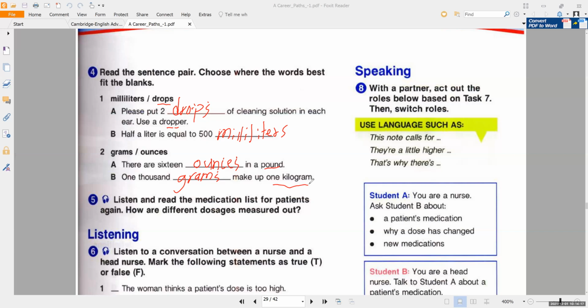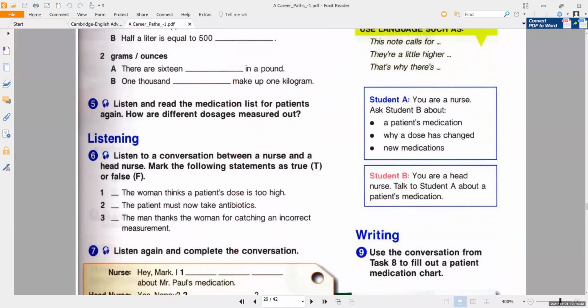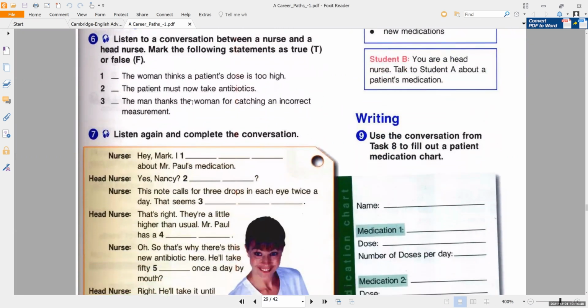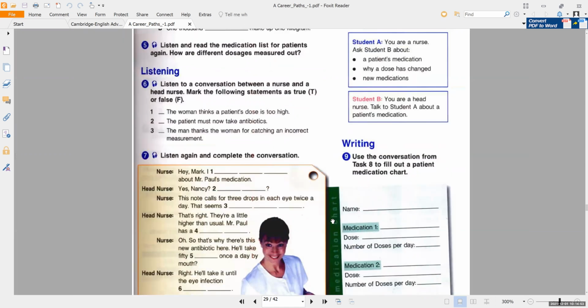Okay. So these are some of the issues again related to measurements. Now we deal with the second listening as usual. We have a conversation between a nurse and the head nurse. The head nurse, of course, is like the boss or the manager of nurses. We are going to listen, then answer the true or false questions.